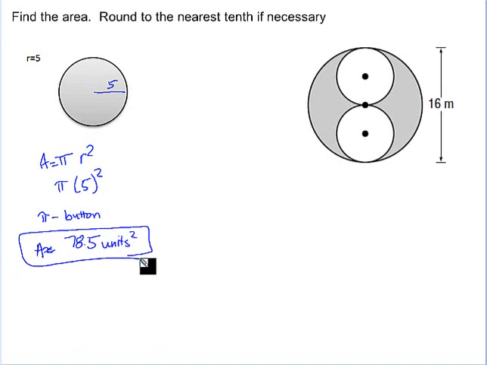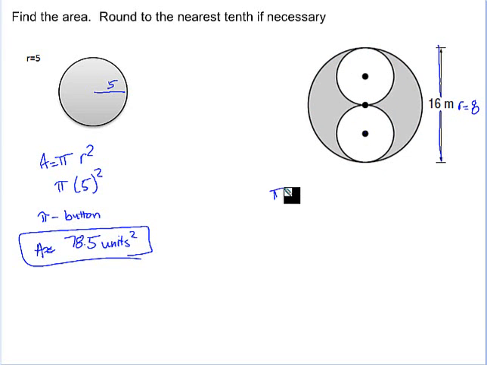Next one, let's find the area of this. We just want the area of the shaded region. Notice here we have a larger circle, and then we have two smaller circles that appear to be cut out of the larger circle. So we're going to find the area of the large circle and subtract off the area of the smaller circles. The large circle has a diameter of 16, so the radius would be 8.